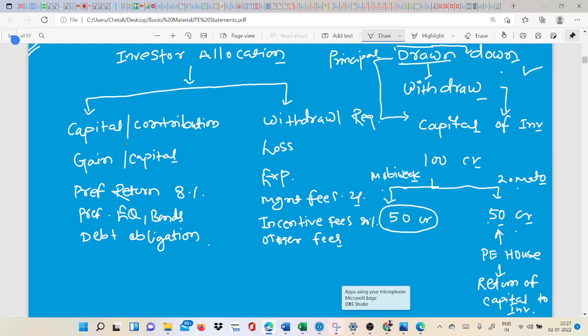Okay. So when you allocate this, it has to be allocated on a daily basis as well. Because when you see movements in expenditures, maybe in incentive fees, maybe in withdrawals or capital contributions, in that case we'll have to allocate that particular amount to the respective investors' accounts. So this activity we call investor allocation.